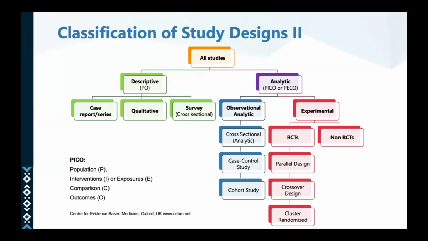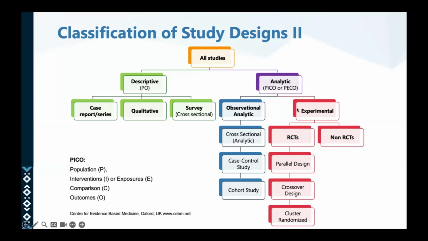What makes it analytic is the fact that you are doing some form of comparison between one group and another. And so in cross-sectional studies where you assess, let's say, a comparison of an outcome between those who have hypertension and those who do not have hypertension, there's some comparison. In that case, you have an analytic cross-sectional study. But if you're just purely describing the cohort, then you have a pure cross-sectional study, as is often the case in surveys.